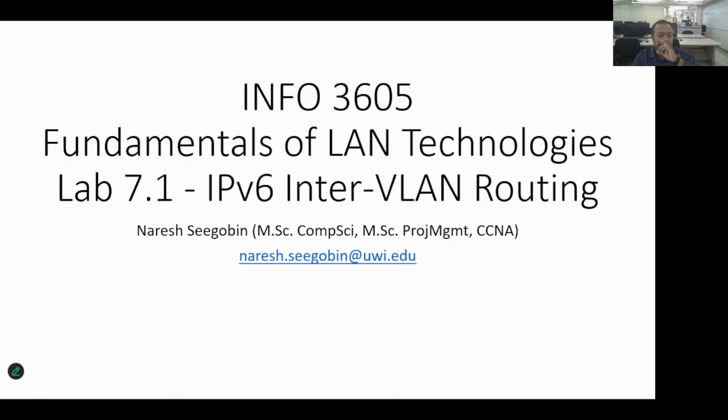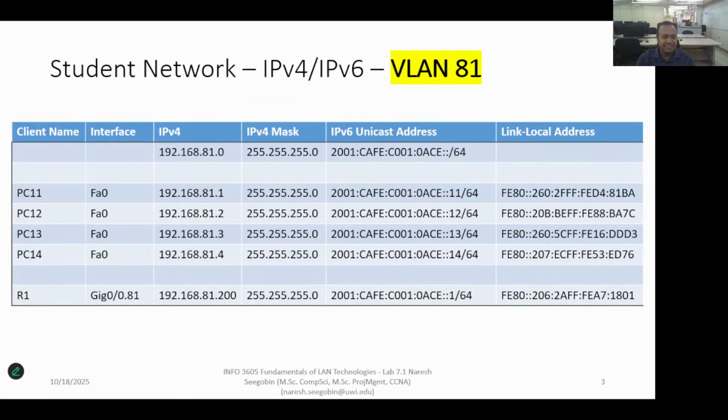Alright, so today what we're looking at is Lab 7.1, IPv6 inter-VLAN router. As you can see, it's going to be an advanced lab.